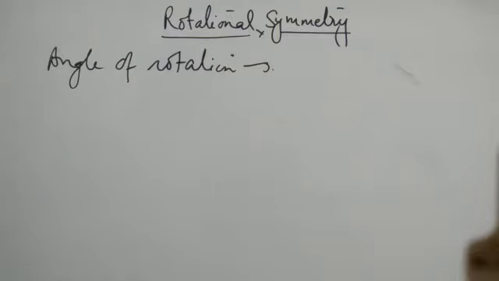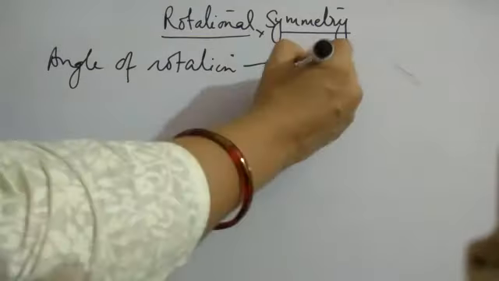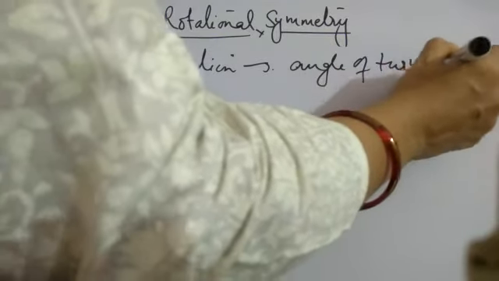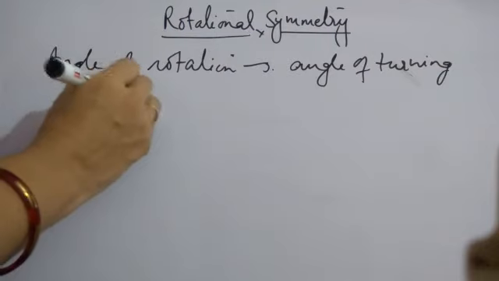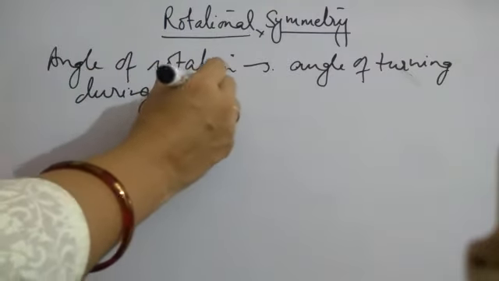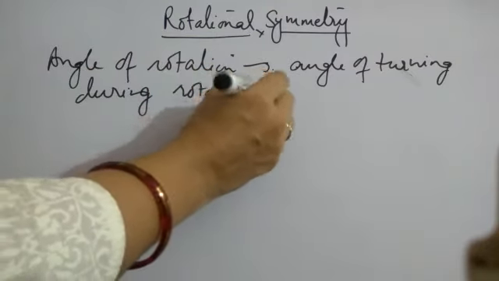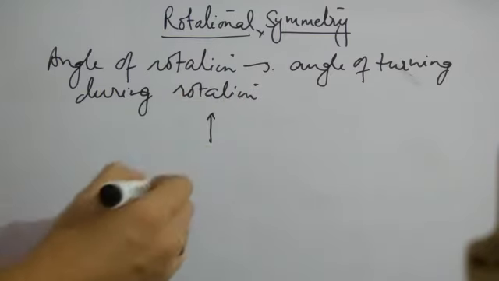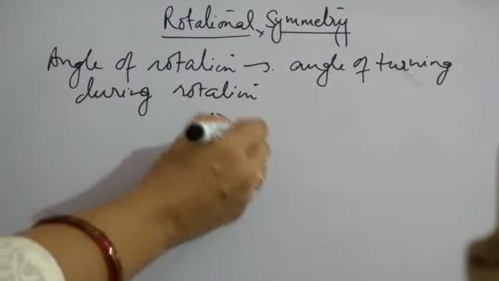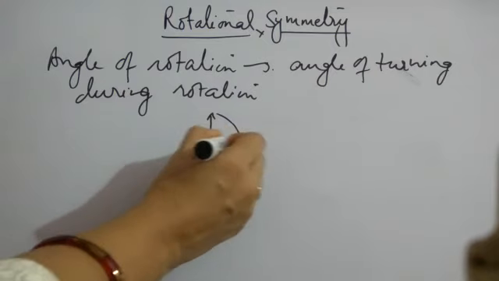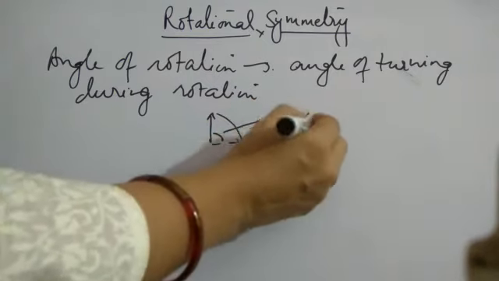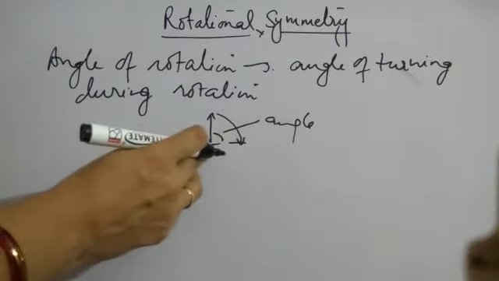It is the angle of turning during rotation. Okay, what do you mean by angle of turning? Suppose a hand of a clock was here, it came up to here, so this is what is known as angle of rotation, that while rotating, it has come up to here.